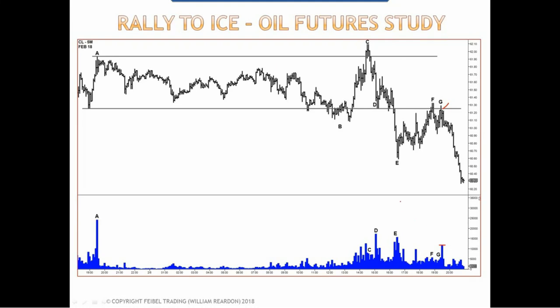Oil loves to keep you on the edge of your seat, and it will test you, or definitely test me more so than other markets. And that's just a trait of its personality. All instruments have their individual subtleties, and the way they work and the way the price unfolds and tests are different. Okay, they all come in different flavors.